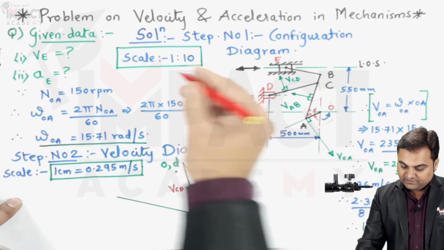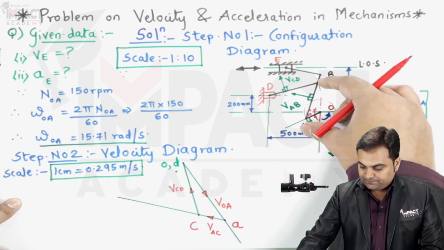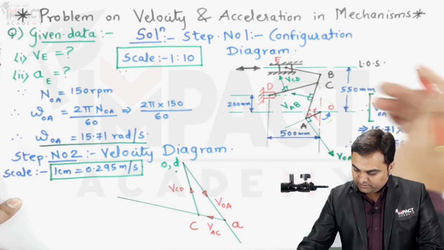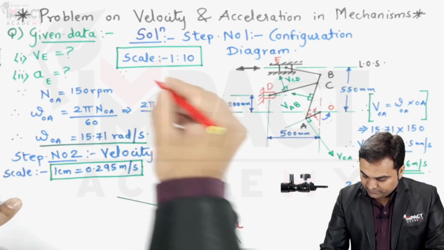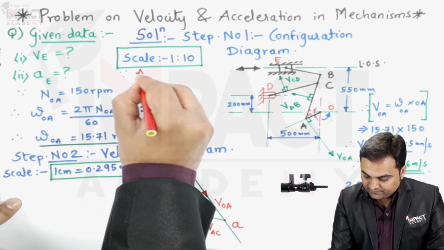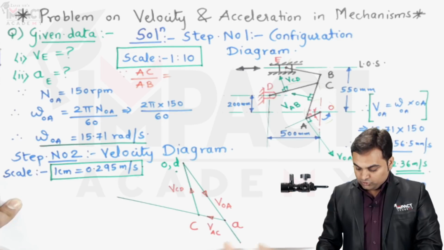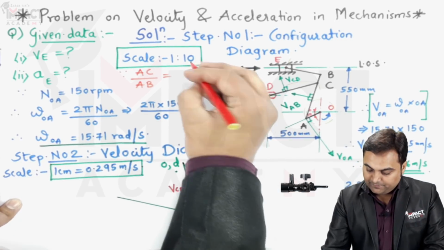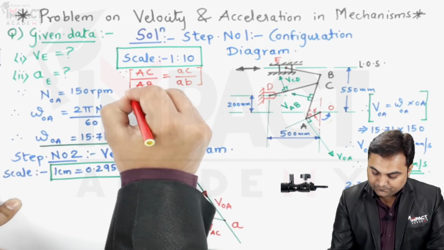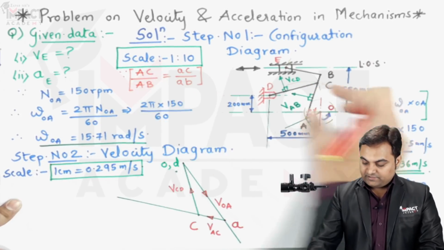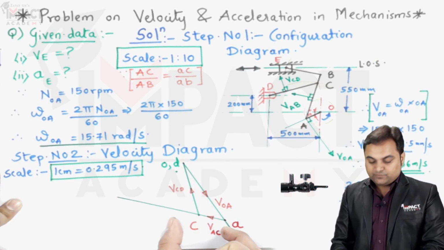That is, I can say that since AC distance is known to us, and we require point B, I can write it in this way: capital AC upon capital AB is equal to small AC upon small AB, using the concept of similarity. From the configuration diagram, capital AC by capital AB, from the velocity diagram, small AC by small AB.